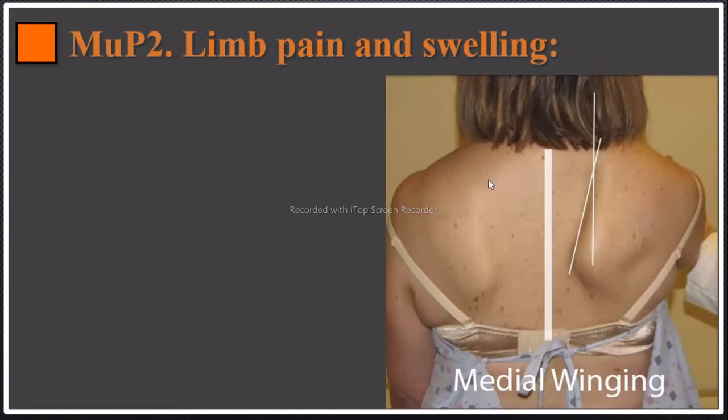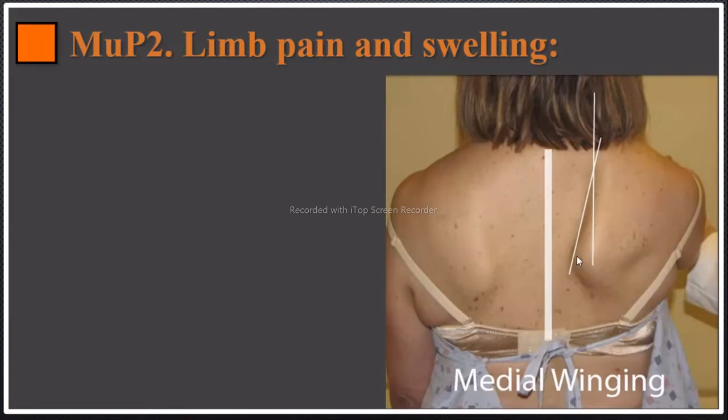So the normal here, can you see this is normal? If you draw vertical lines like this, this is normal. It means the border of the scapula is in the same vertical line. If you find the border of the scapula, this one, medial or lateral? Medial. So this is a normal one, vertical.